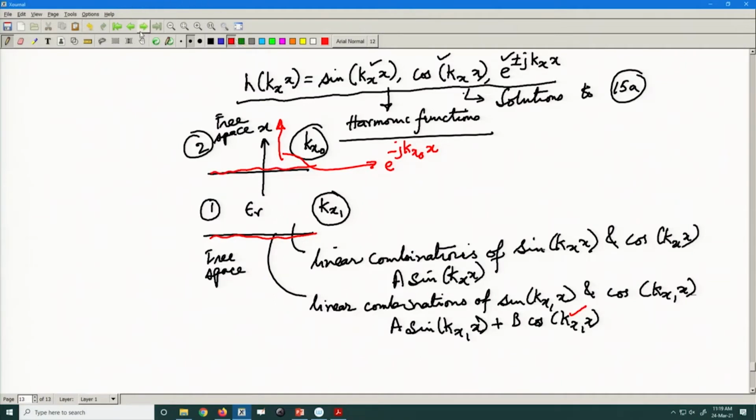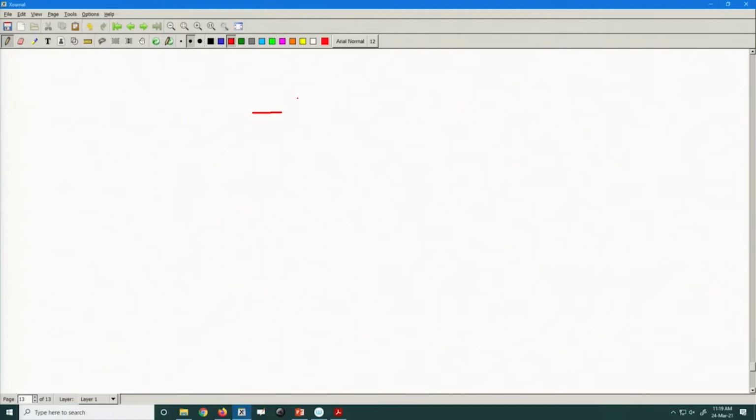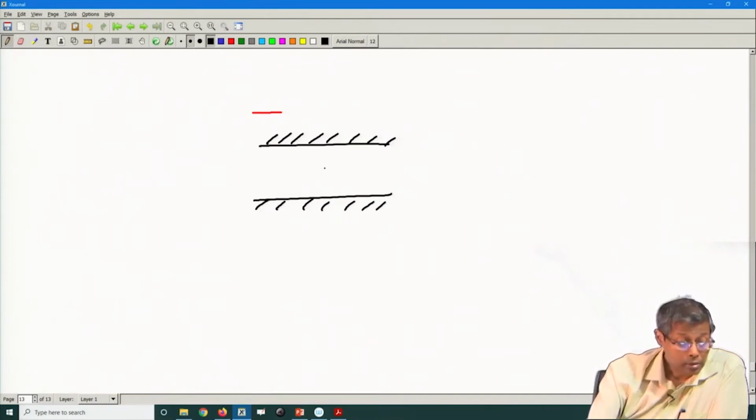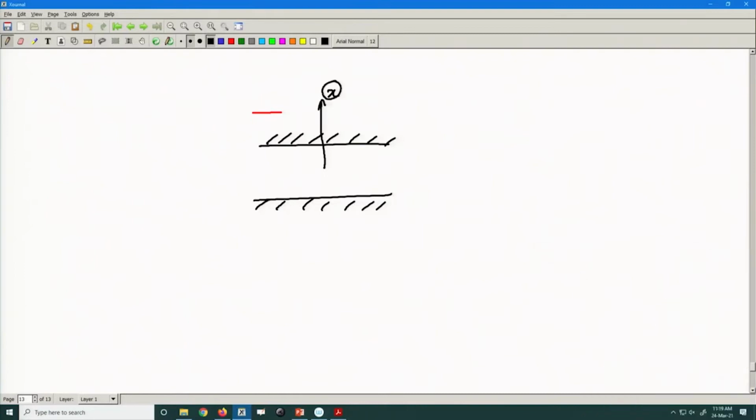Similarly, if I have to consider the wave variation, the same problem with the region bounded by two metallic plates, the variation will be either sine or cos, but not both, and will depend on which choice of potential function causes the tangential electric field to vanish at these two locations.